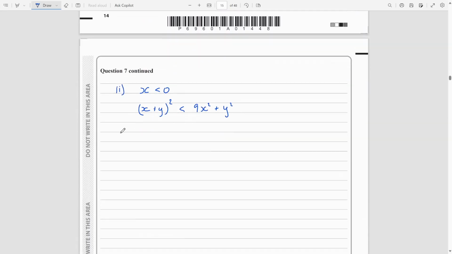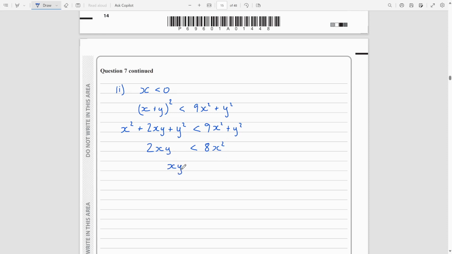If I expand this side, I get x squared plus 2xy plus y squared, and that's less than 9x squared plus y squared. Subtracting y squared from both sides and x squared from both sides, I get 2xy is less than 8x squared. Now, I can divide by 2, that's no problem.